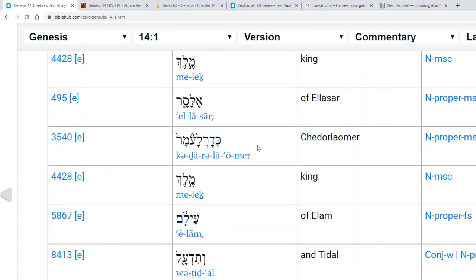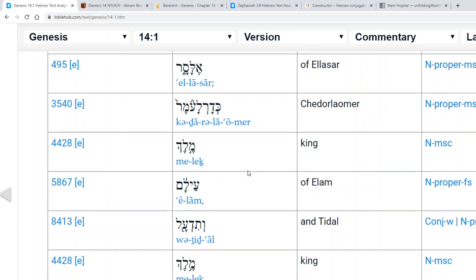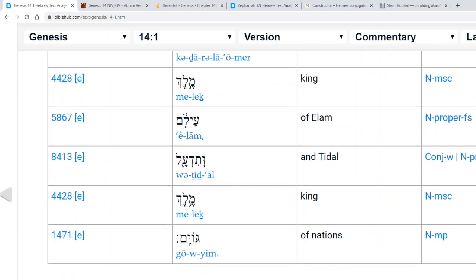Yeah, Kedorlaomer is the name. Melech Elam is the king of Elam. V'tidal, so conjunctive of Tidal, again, is a name.